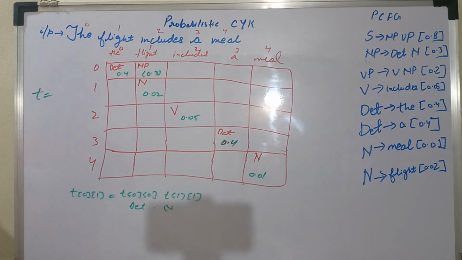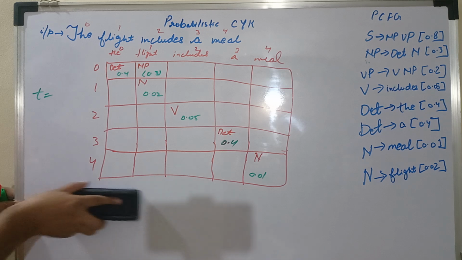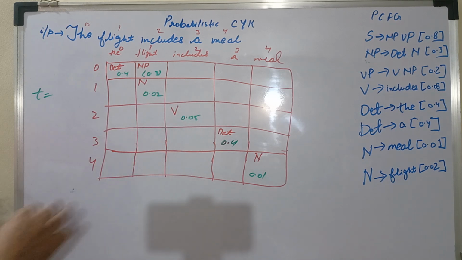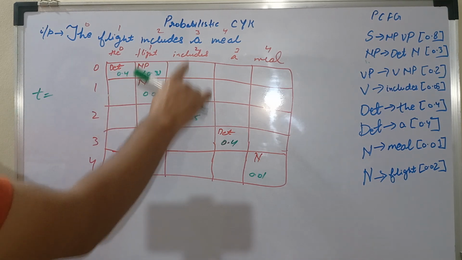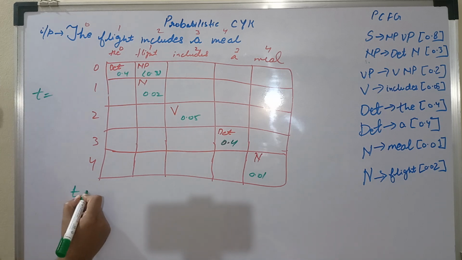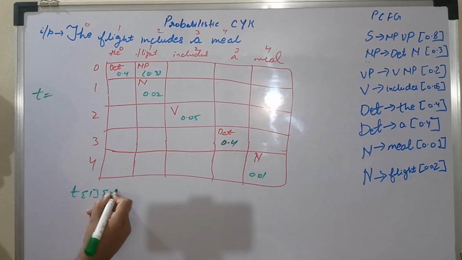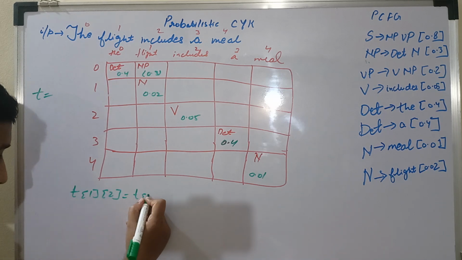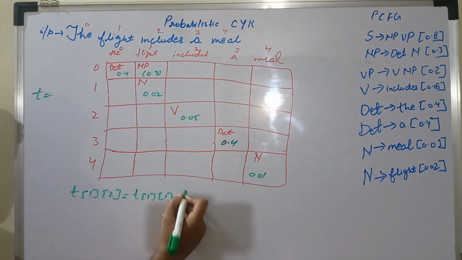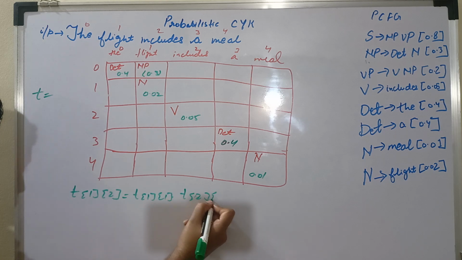Once this has been filled, we look for the next one. This one we have to fill, that is 1 2. So T 1 2 we need to fill, and this becomes T 1 1 and T 2 2.